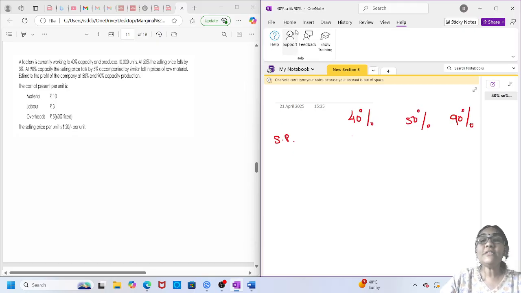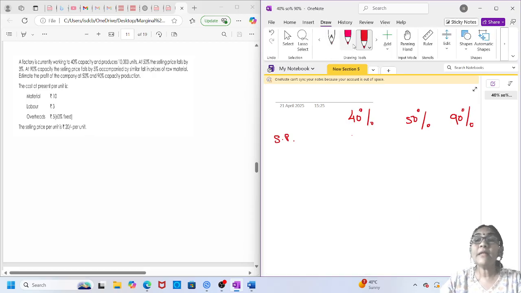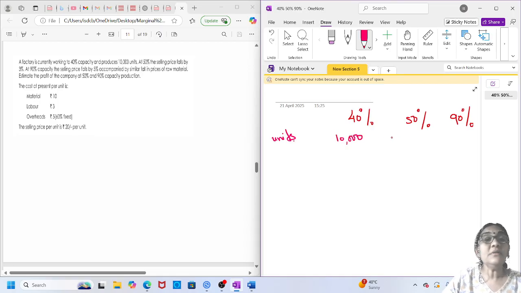So before we do the selling price, let us first calculate the number of units, right? So at 40% capacity, it is 10,000 units. So for 50% it would be how much? Let us calculate that.